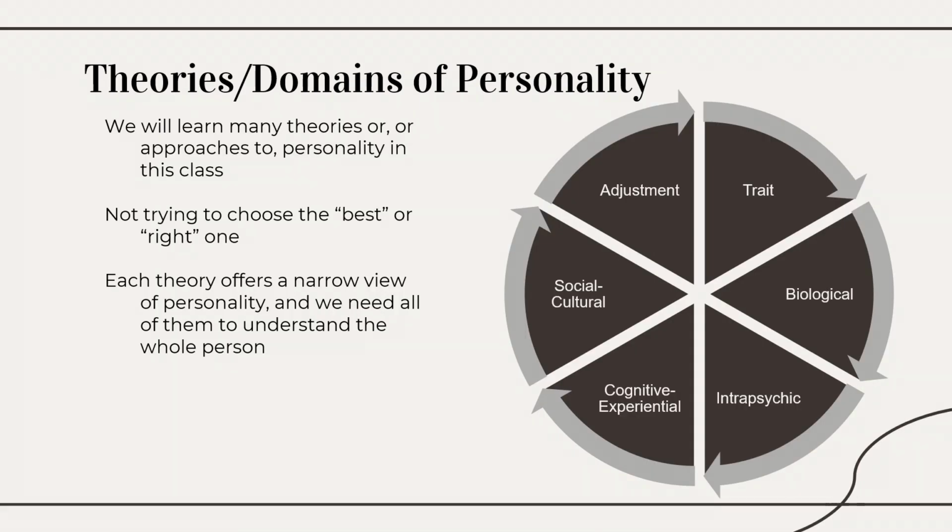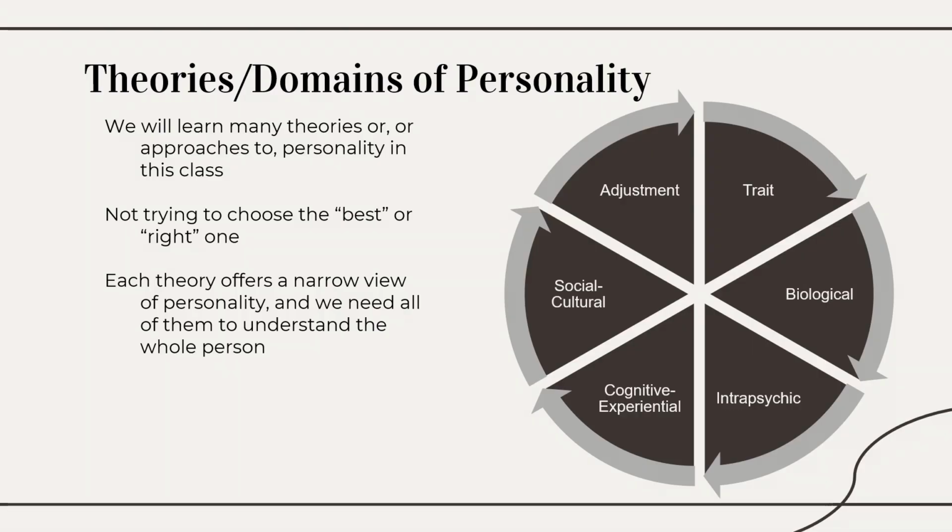In this course, we're going to study many different theories of personality. An important thing to remember is that personality psychologists generally do not believe there is one single theory that explains everything perfectly. This is honestly true of all psychology. Instead, each theory focuses on a different aspect of personality.